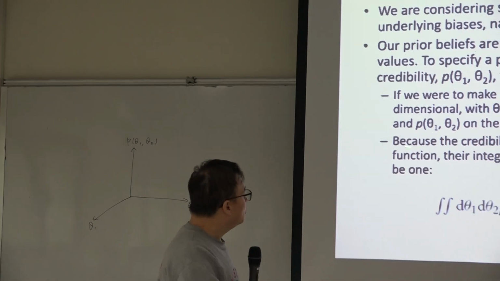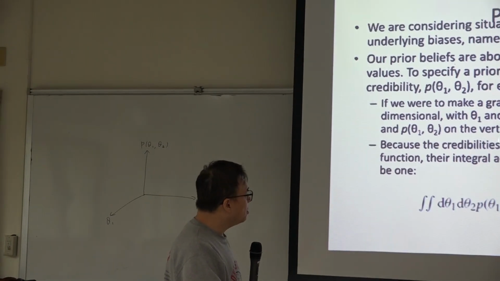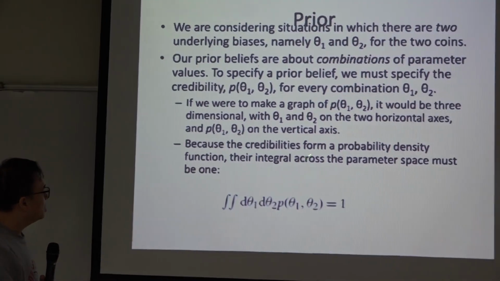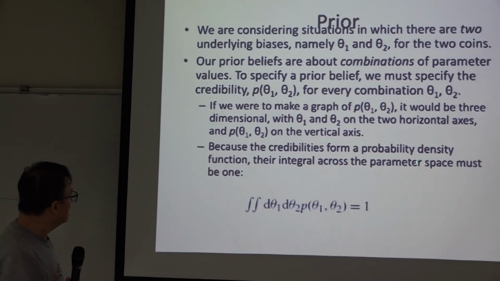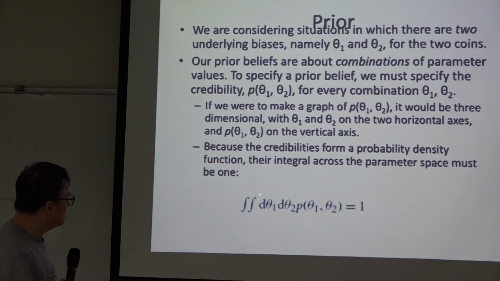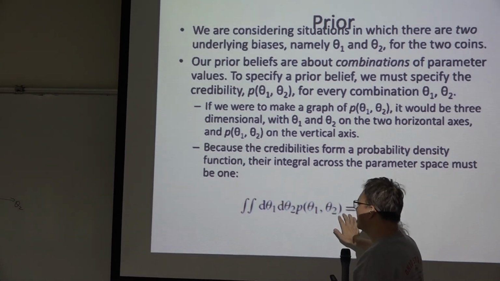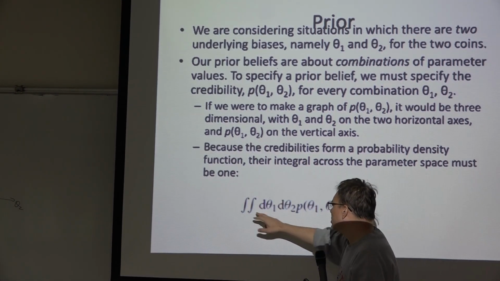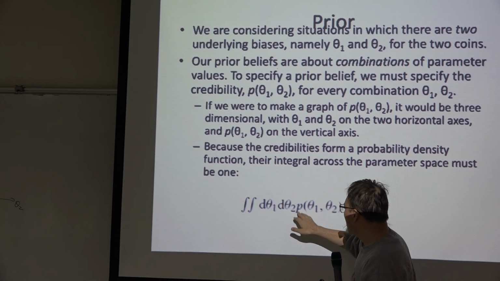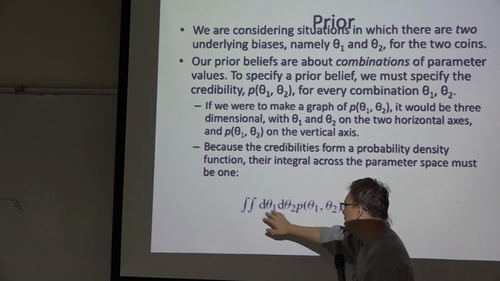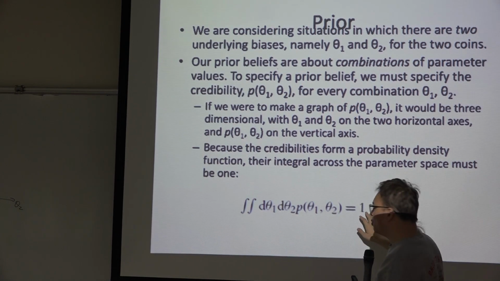Okay, so because the credibilities form a probability density function, their integral across the parameter space must be what? In other words, if you do a double integral of probability theta 1, theta 2, d theta 1, d theta 2, it should be 1.